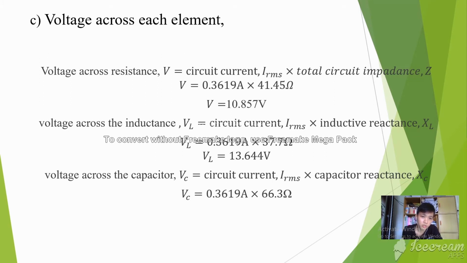For the voltage across the resistance, we use the circuit current times the resistance, which gives 10.857 volt. For the voltage across the inductance, we use the circuit current times the inductive reactance, which gives 13.644 volt. Last, for the voltage across the capacitor, we use the circuit current times the capacitive reactance, and we get 23.944 volt.